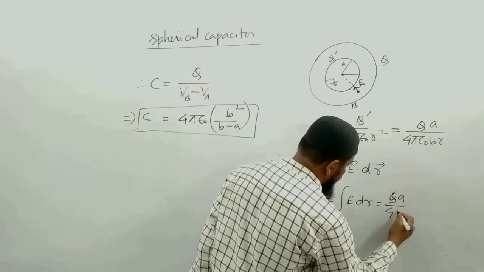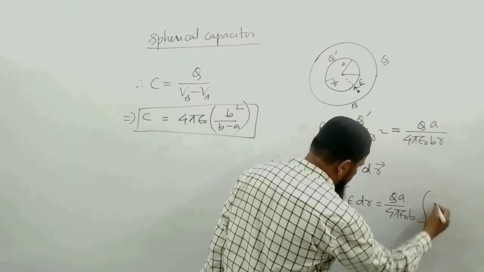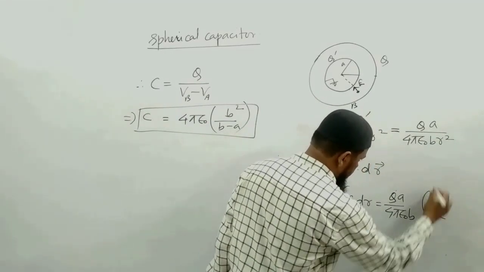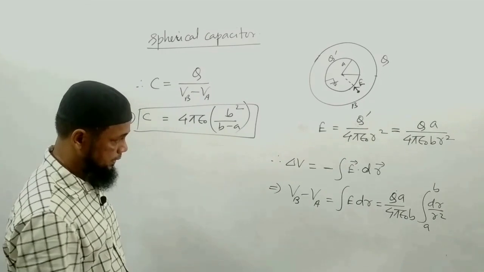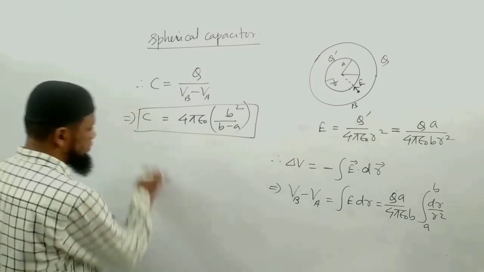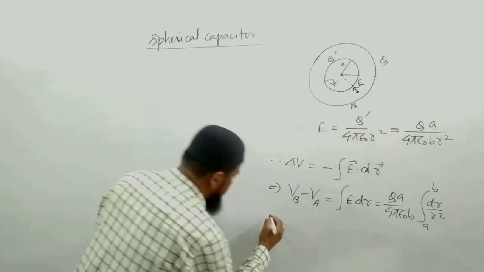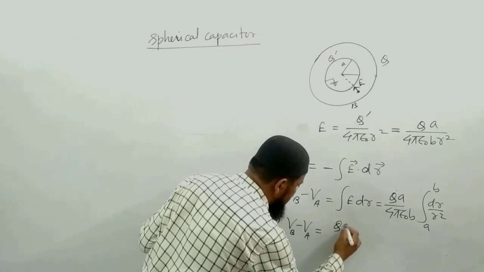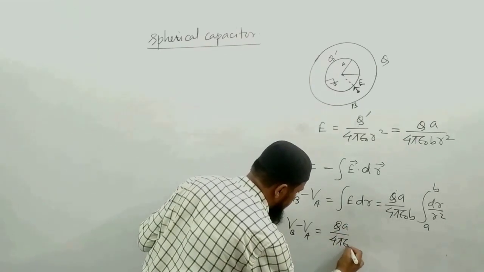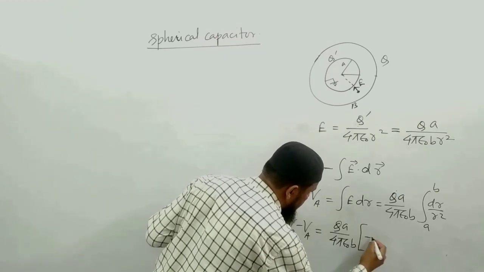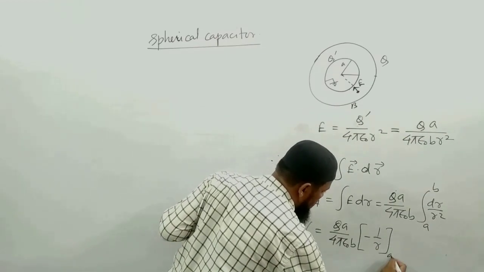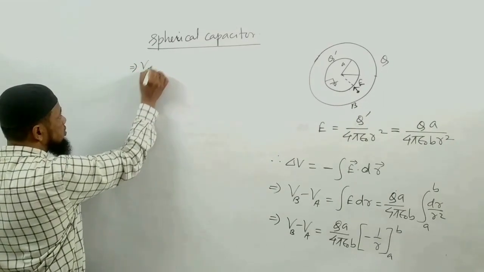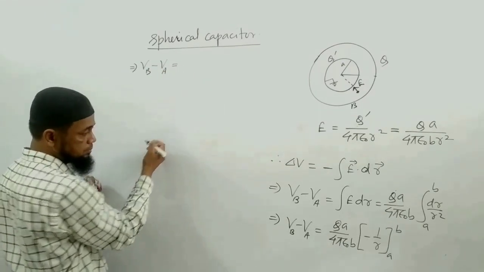So let me put the limits in the next line. How much is that? QA divided by 4 pi epsilon naught B, dr by r square going from A to B. So VB minus VA is equal to QA by 4 pi epsilon naught B into minus 1 by r from A to B. How much will we get from here?